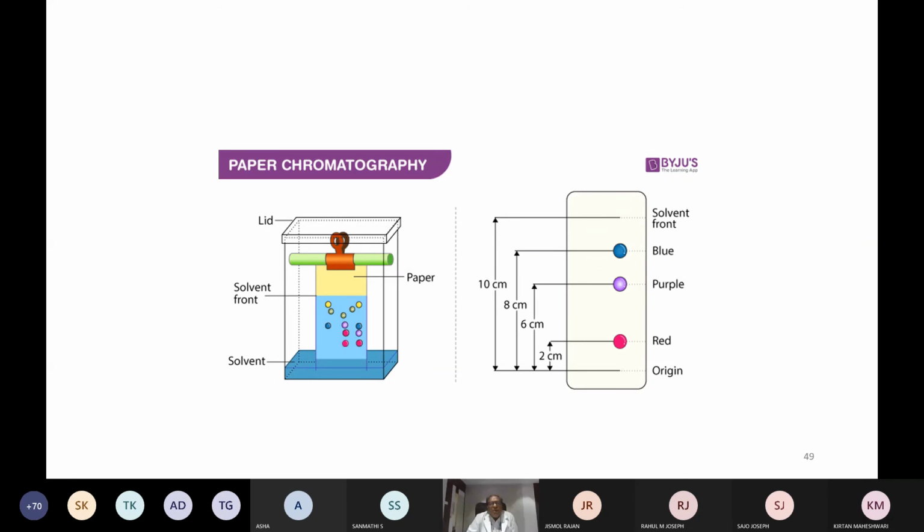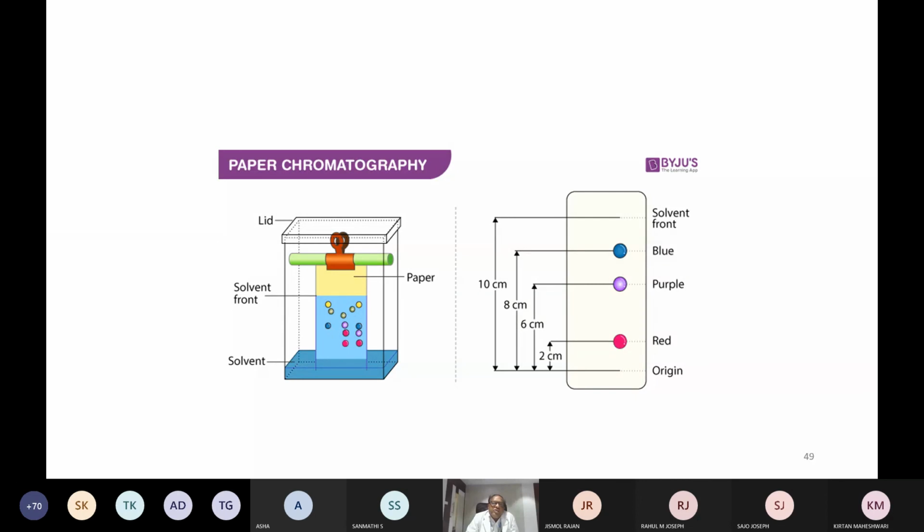They need a morning collected urine sample, about 30 to 50 ml, to be sent to the laboratory, and the separation of these amino acids will be done. Like this, there are other technologies, like gas chromatography, or other advanced ones like HPLC, as I told you.